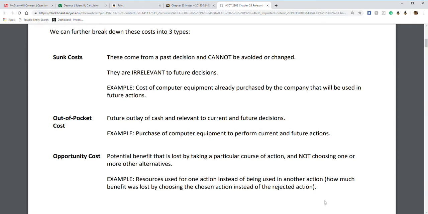The book uses the cost of computer equipment already purchased by the company that's used in a future action. We've already paid for the equipment. We're now going to see if we sell it or maybe keep it, but the cost is already there. If you're a sports person, look at the NFL, where they talk a lot about cap hits.